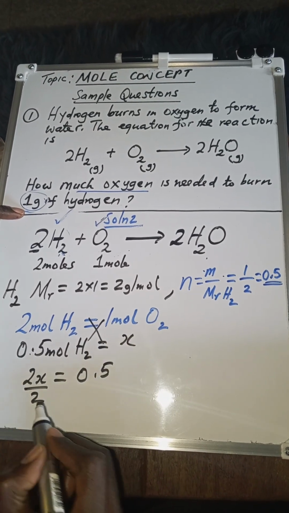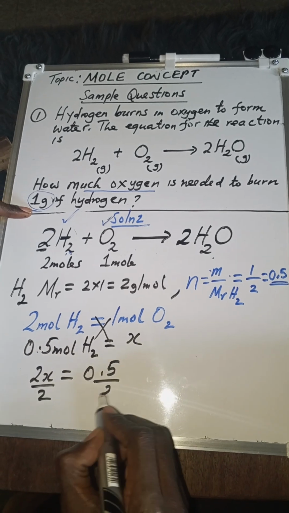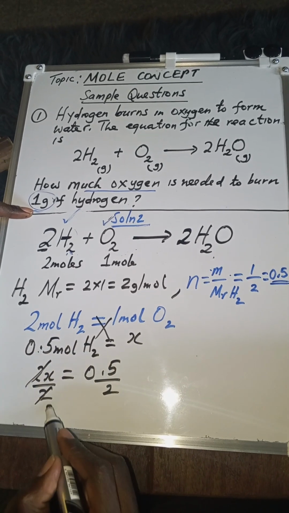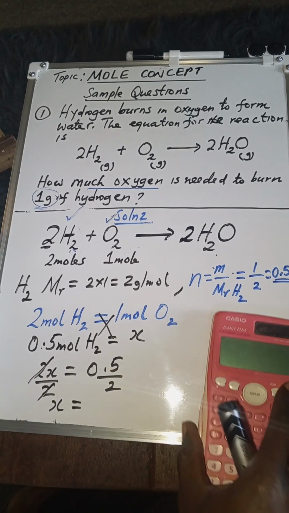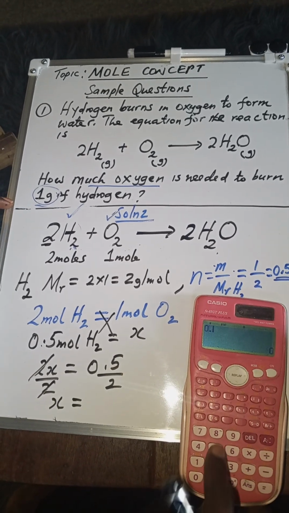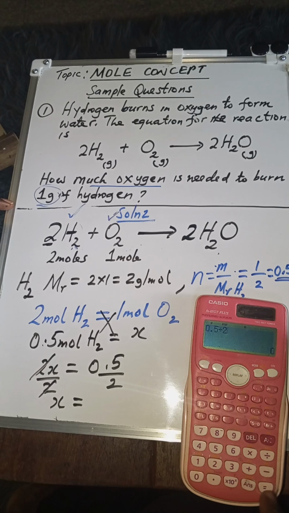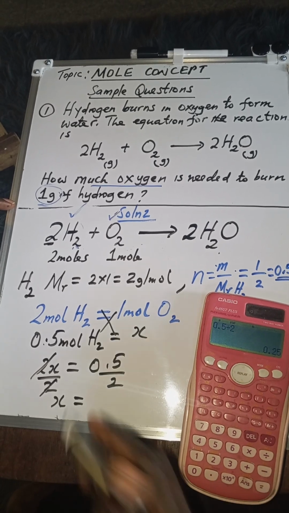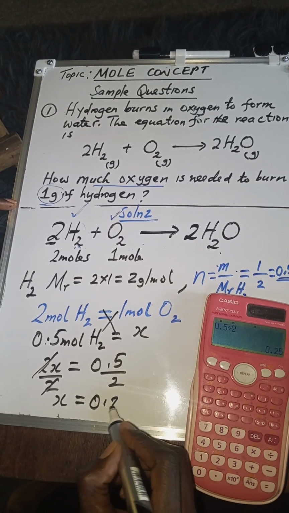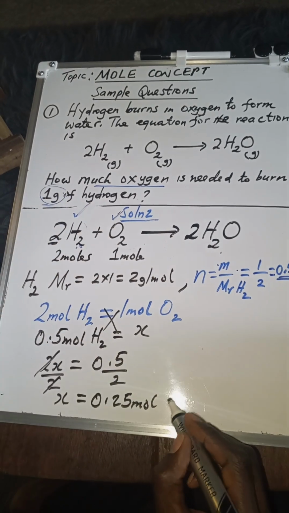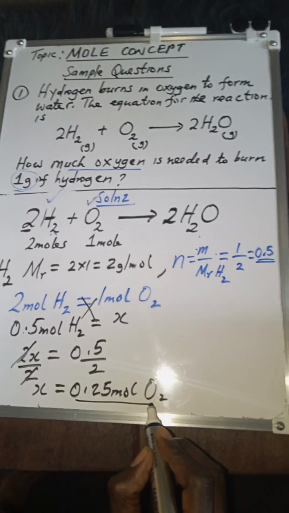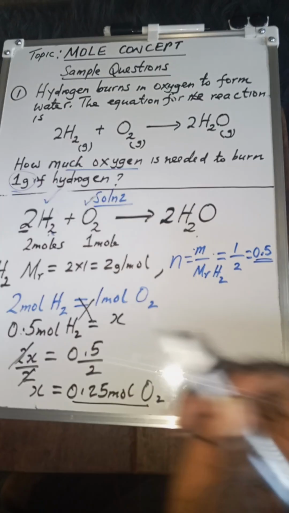To find x, I'll divide both sides by 2. So x is equal to 0.5 divided by 2, which gives me 0.25 moles of oxygen.